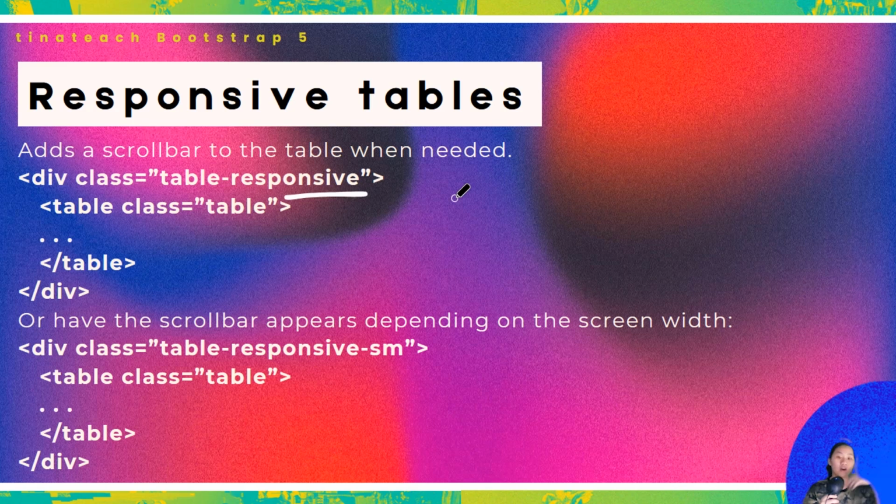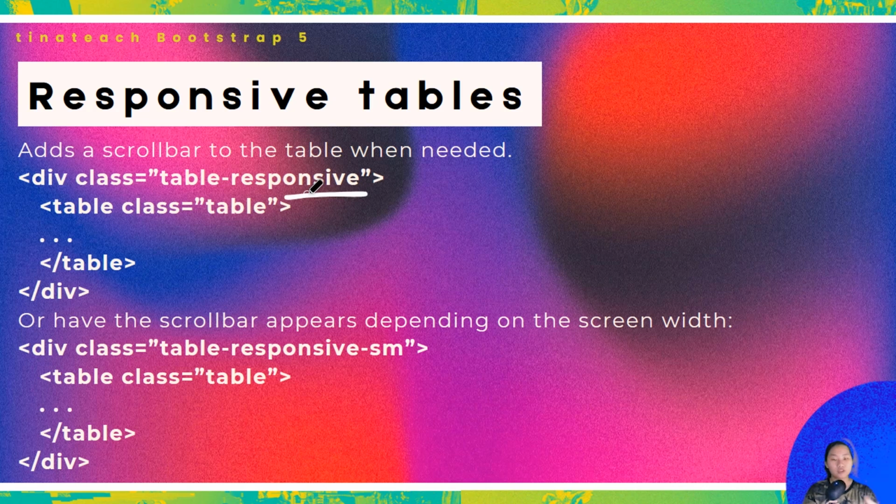Obviously, you cannot see all of the table. Therefore, Bootstrap will add a scroll bar so you can scroll and view all of the table in a smaller dimension.